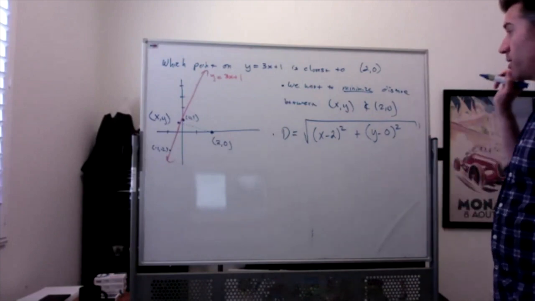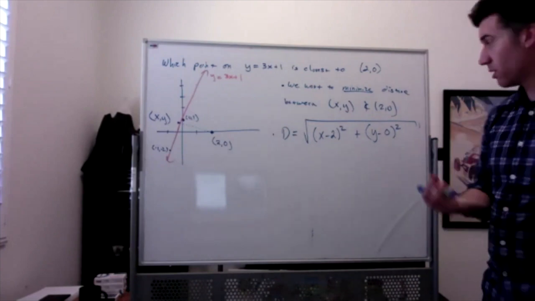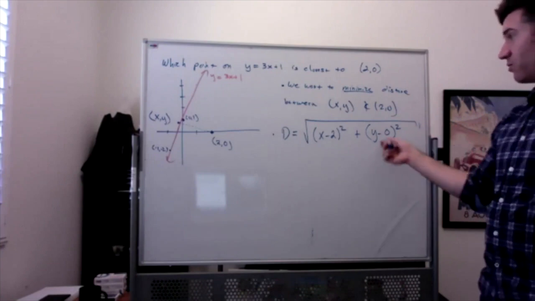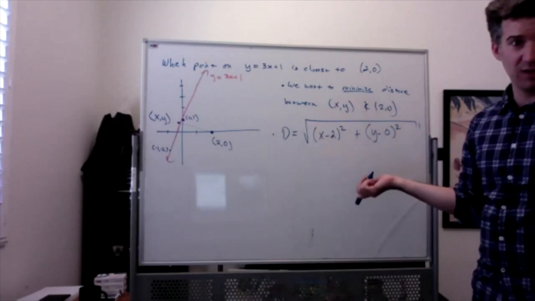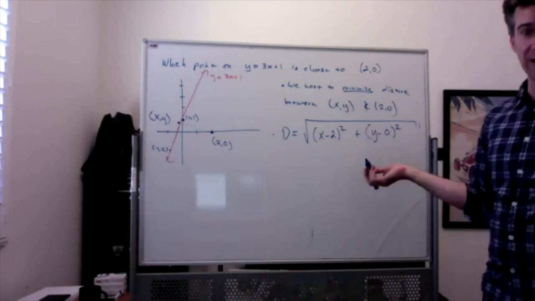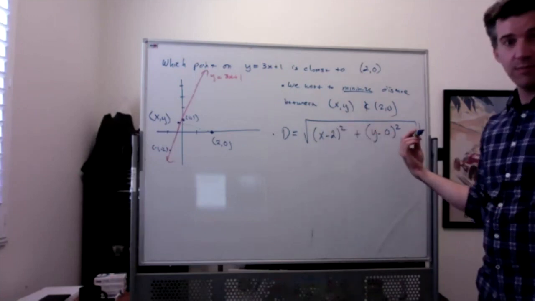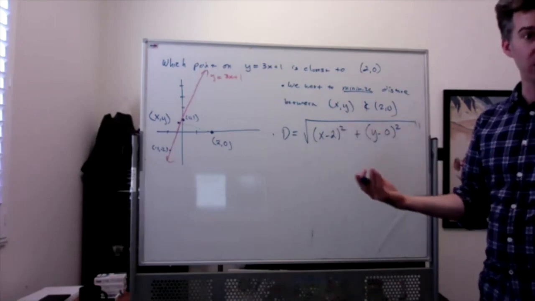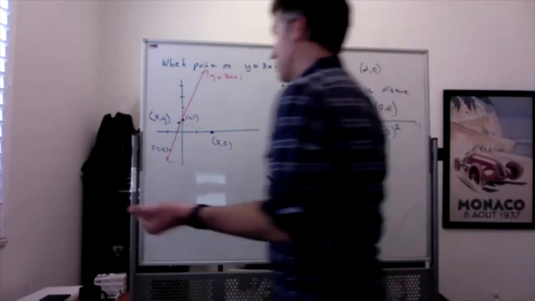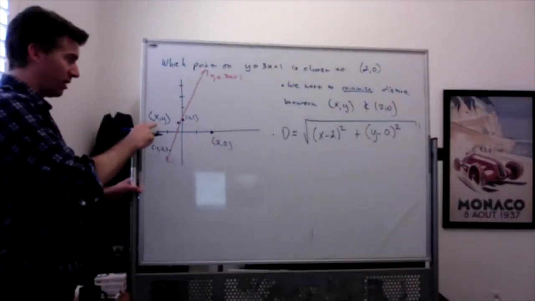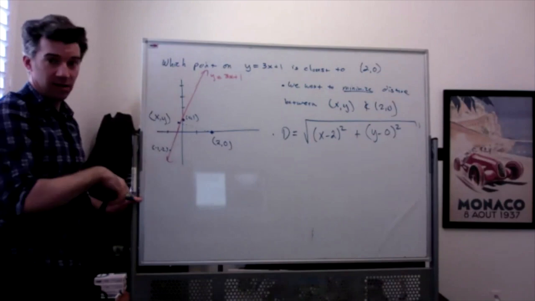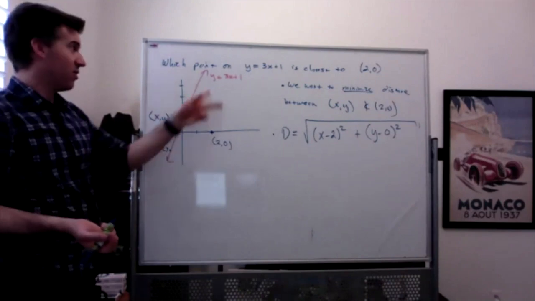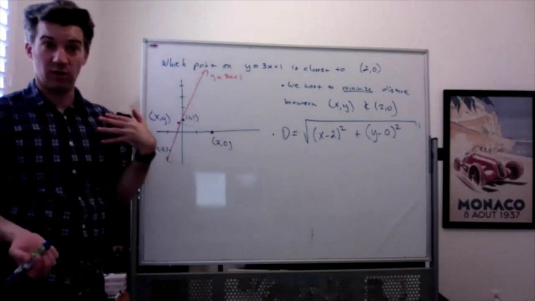So a couple things here. Thing one, we have a function of 2 variables. So again, this is a situation where we need to eliminate either x or y. But again, we have a constraint. Our constraint is that the point x y is on this line. So if we know what x is, then we know that y is equal to 3 times x plus 1.